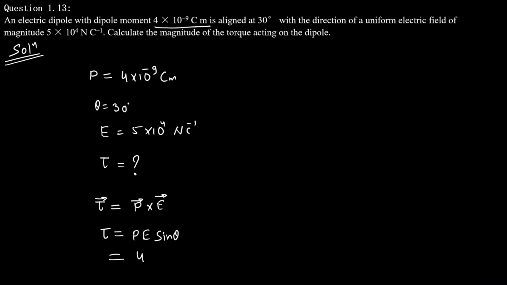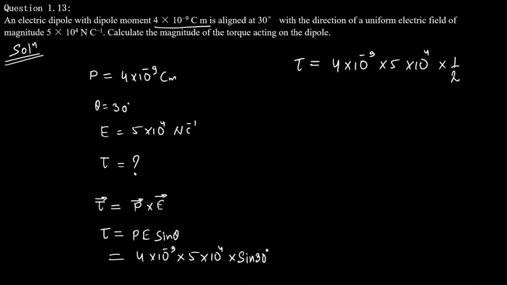The value of P is 4 into 10 raised to minus 9, E is 5 into 10 raised to 4 and sine 30 degree. You know sine 30 degree is 1 by 2. So it will give us 4 into 10 raised to minus 9, then 5 into 10 raised to 4 and sine 30, 1 upon 2.